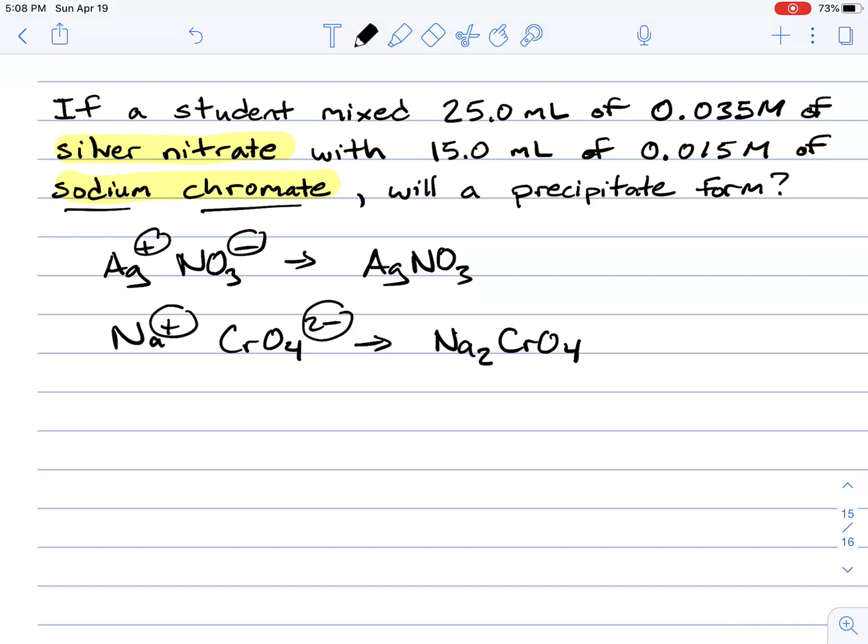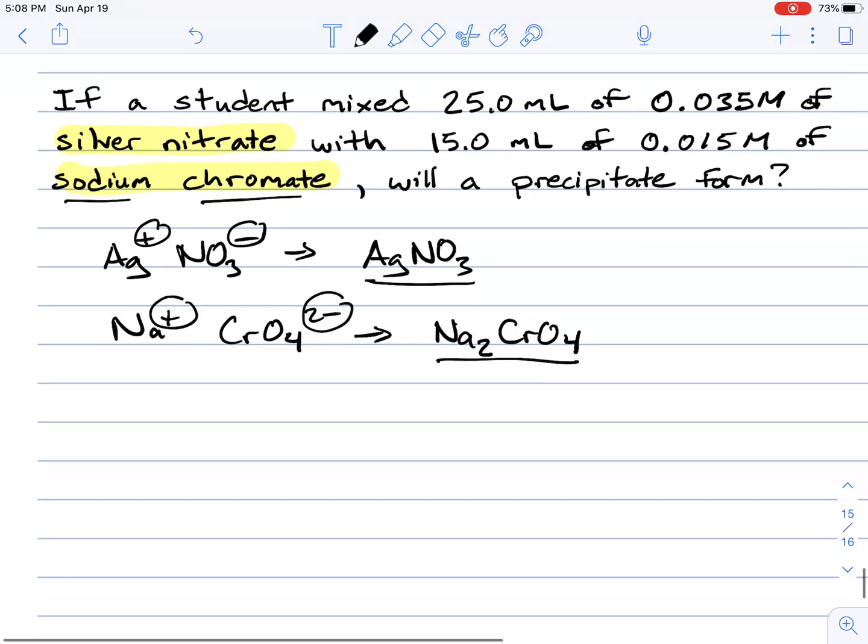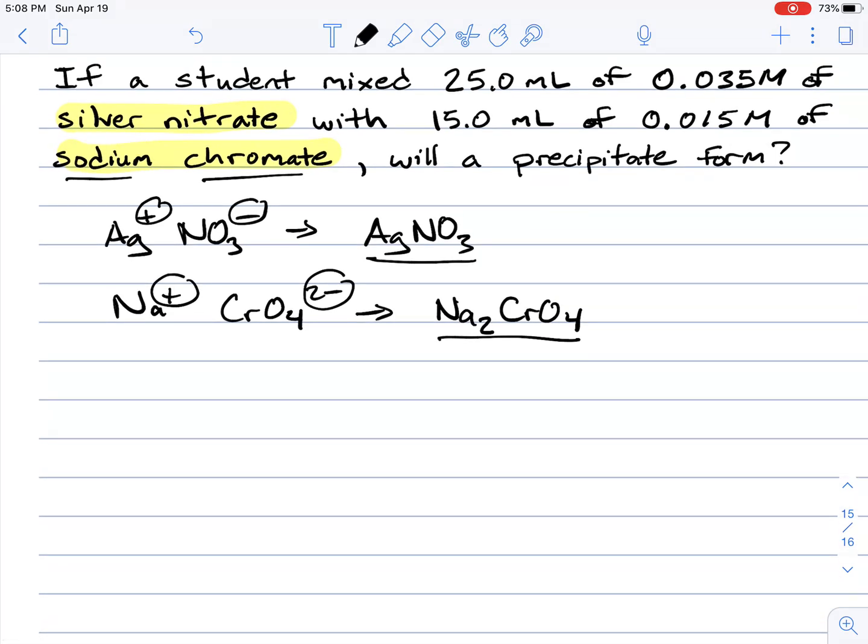All right. Now that I have my reactants, the substances that are going to come together and produce my products, I'm going to write a rough chemical equation. I don't need to balance this one all the way through, and you'll see why in just a second. Here I have silver nitrate reacting with sodium chromate.